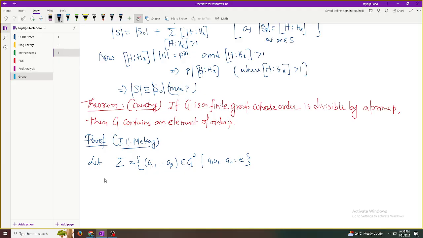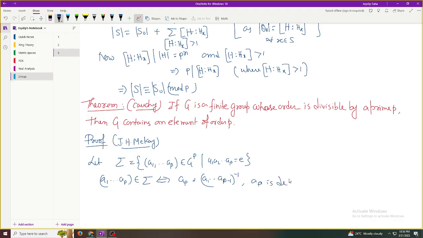So (a1, ..., ap) belongs to sigma if and only if ap is (a1 ... ap-1) inverse. So ap depends on the others; ap is determined by a1 to ap minus 1.